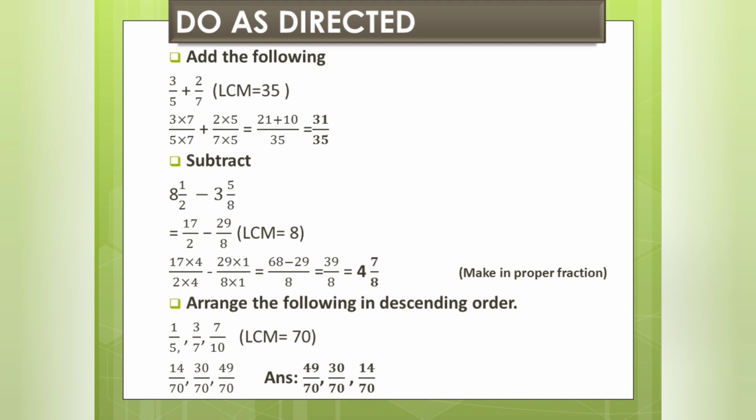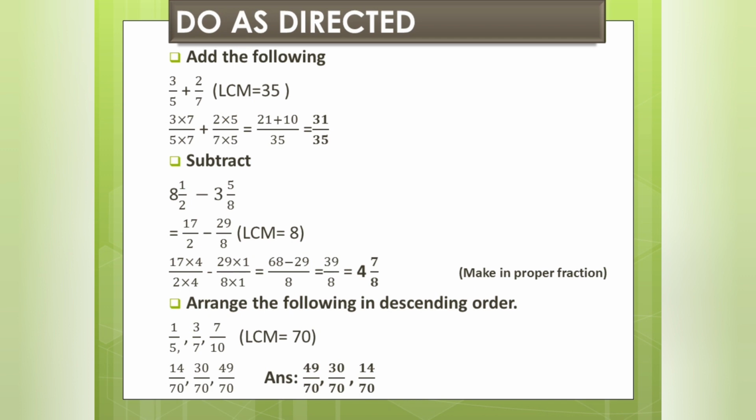Now let us see the subtraction of fractions. One question is already given here: 8 integer 1 upon 2 minus 3 integer 5 upon 8. They are mixed numbers. If mixed numbers are given, first of all we have to convert the mixed number into an improper fraction.